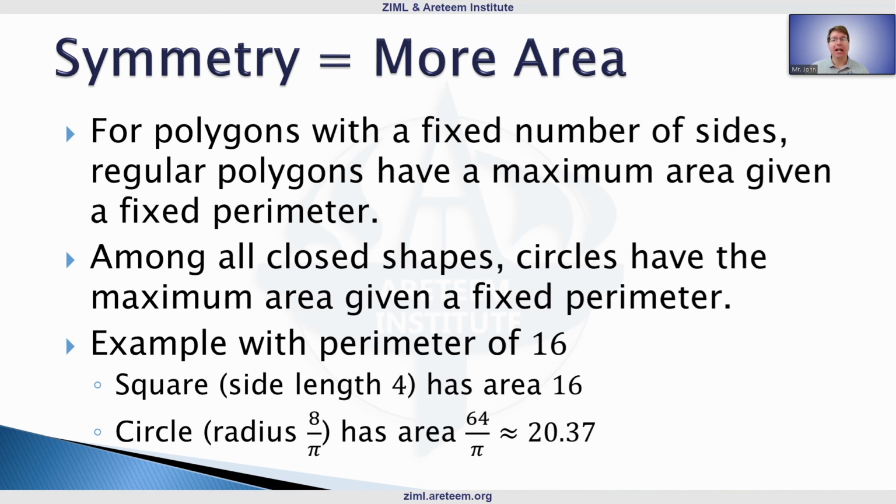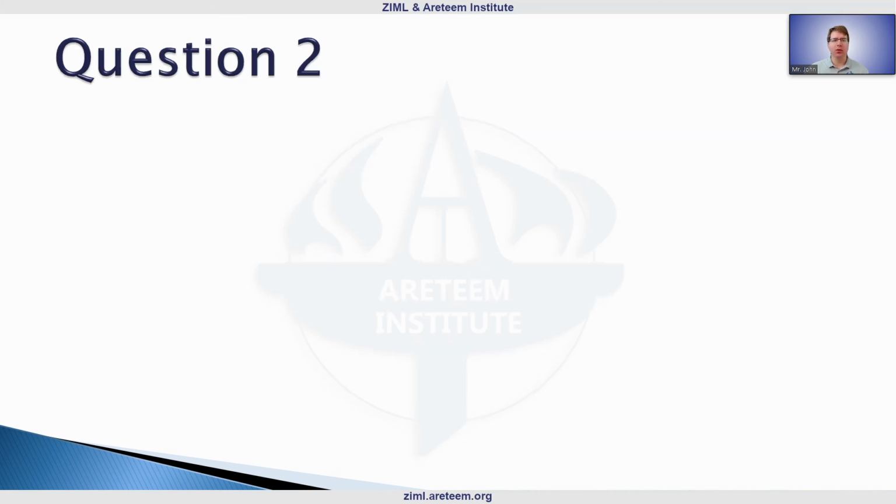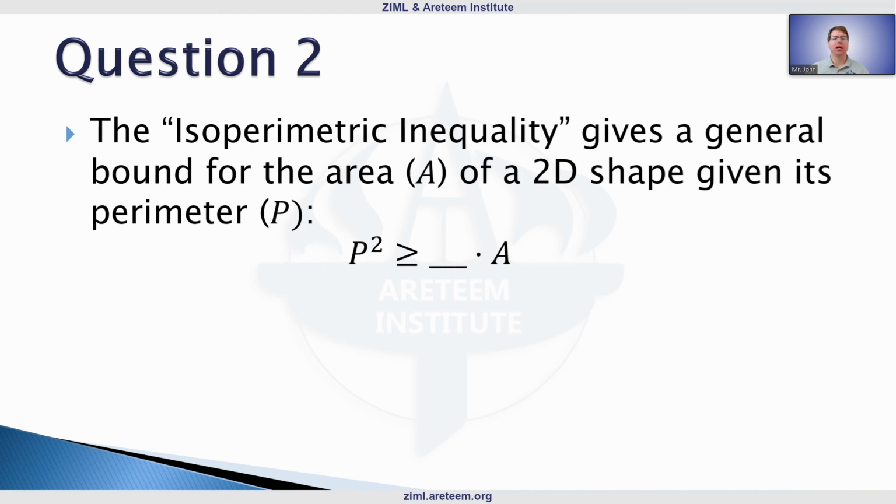Now, that proof is much more difficult, but I want to get us thinking about the more advanced concept here, which is this idea of the isoperimetric inequality. This gives a general bound for the area of a 2D shape given its perimeter. And there's a missing constant here.